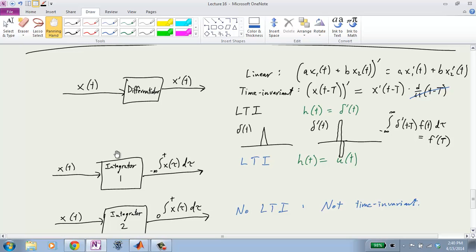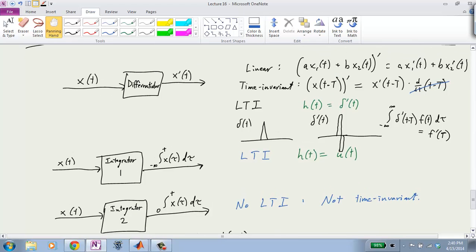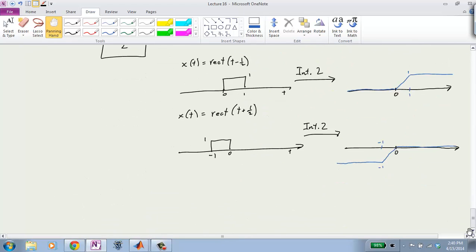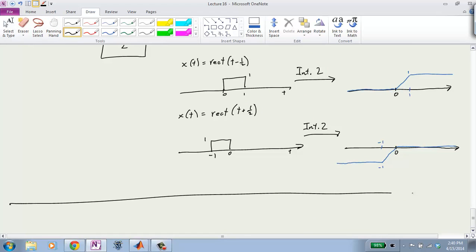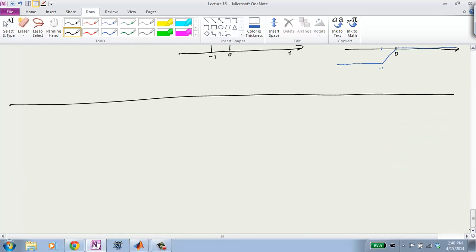Let's look at the frequency response of the differentiator. So we want the Fourier transform of delta prime of t.